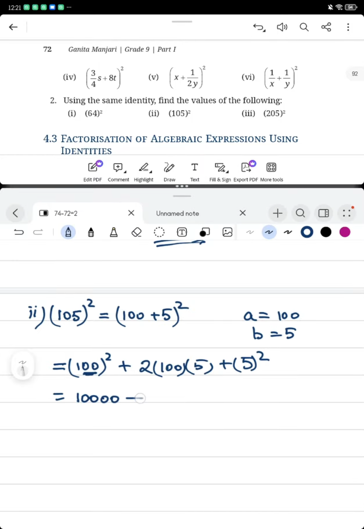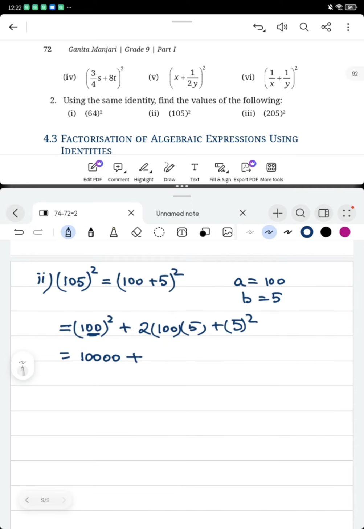Plus now 2 into 100 into 5: first 2 into 5 is 10, so we write 10, and then for this 100 we put 2 more zeros next to it. This is how we multiply. Plus 25. Now add all of them.